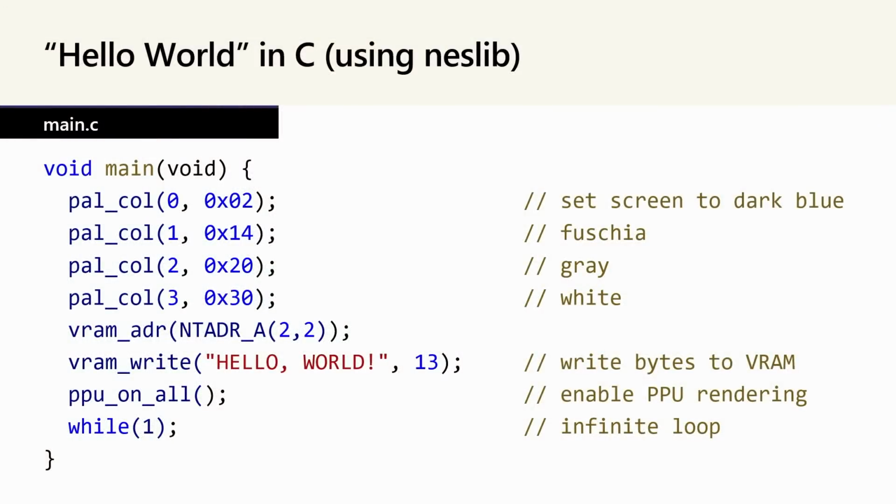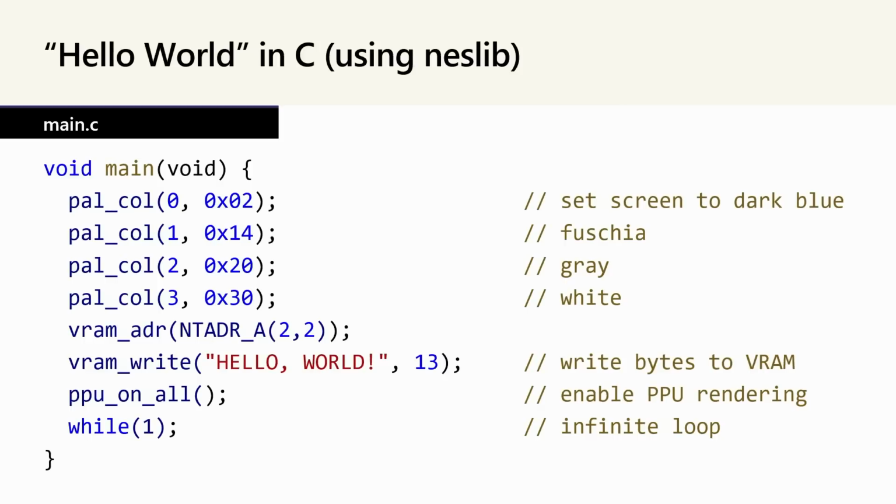So let's go through Hello World. This is what the code looks like in C. You have a void main, and this is really the minimum to get something working. The first method, pal_call, is palette colors, and that just sets up the default colors on the NES game. Then we have a VRAM address call and a macro called nt_address_a.